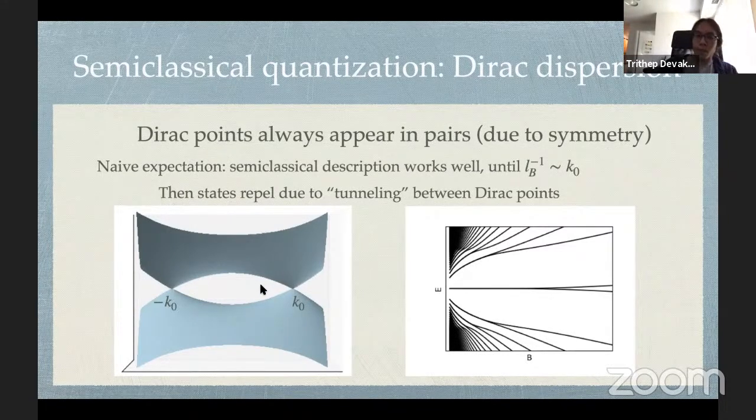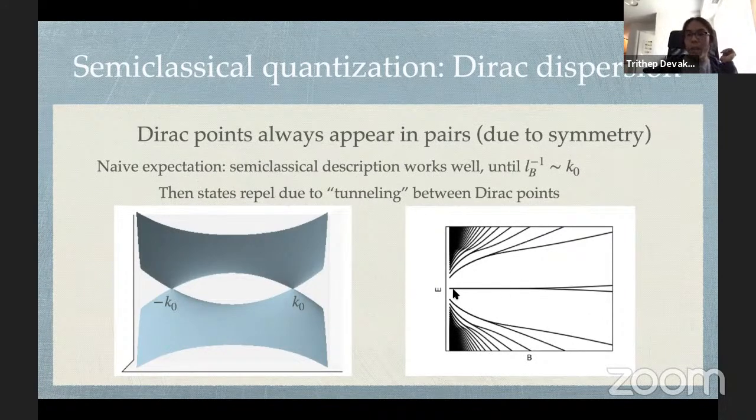However, as you increase magnetic field, this inverse magnetic length could become large enough that there's significant overlap between these two states, and then you now have to consider both of them, and you'll end up with a positive and a negative superposition of the two, and the energies will be split. So semi-classically, you say that these states repel due to tunneling between the two Dirac points.